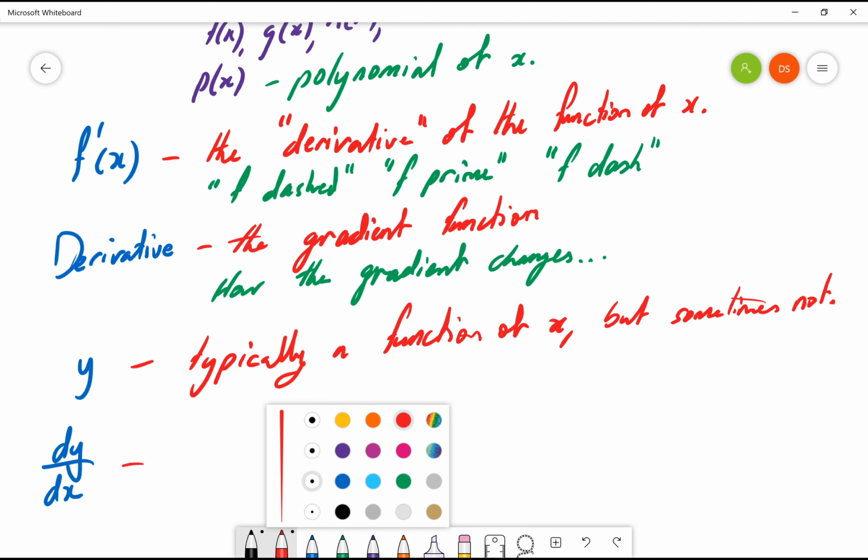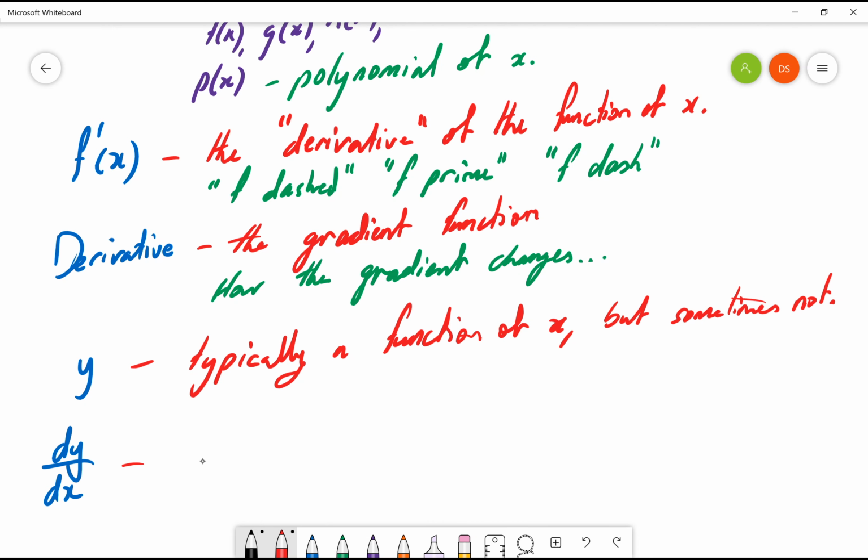Okay? So, the gradient function. And we say this dy by dx. Sometimes we might just say dy dx, but we typically mean dy by dx.